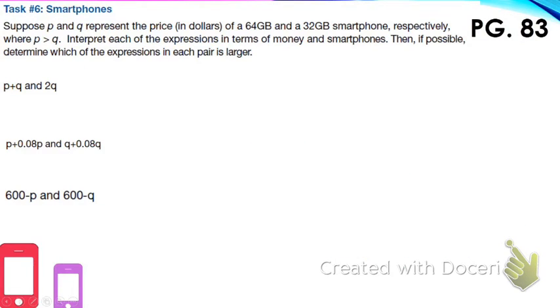I have 2 variables here. I have P and I have Q. What do P and Q represent in this situation? P is the price of a 64 gigabyte phone, and then Q is the price of a 32 gigabyte. Yes.